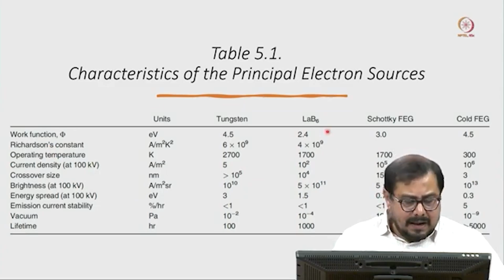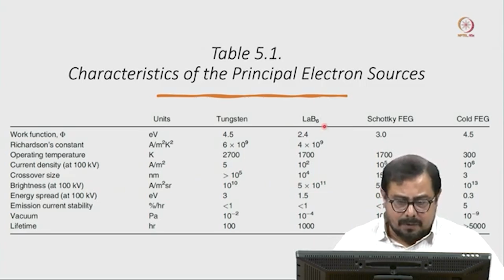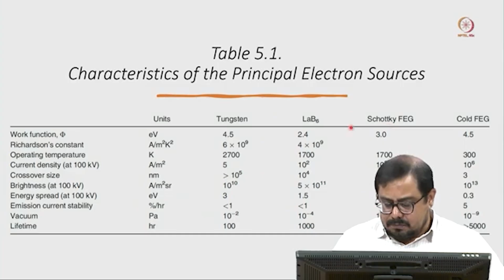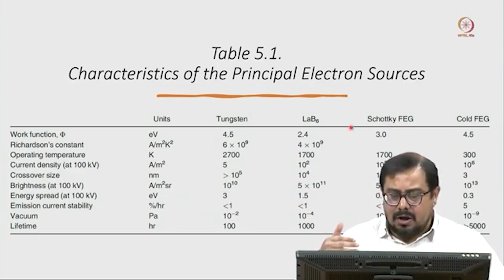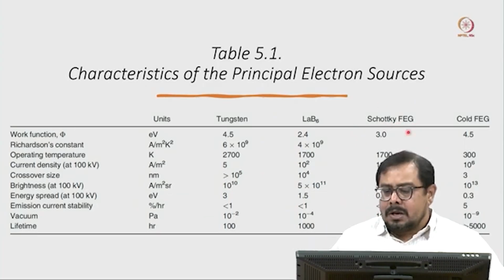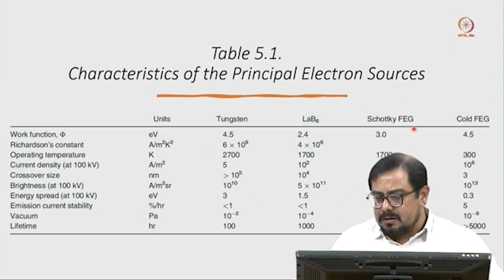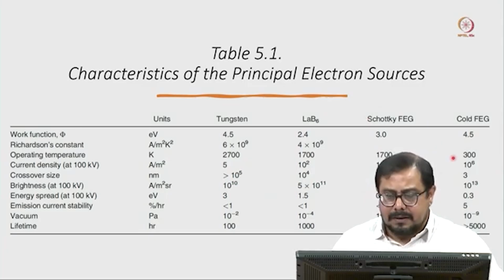So if we pay attention to this, definitely the LaB6 filament is suitable and better than the tungsten filament, but there are much more advanced filaments. It will be the Schottky filament, because the beam coherence is superior for Schottky FEG or cold FEG.